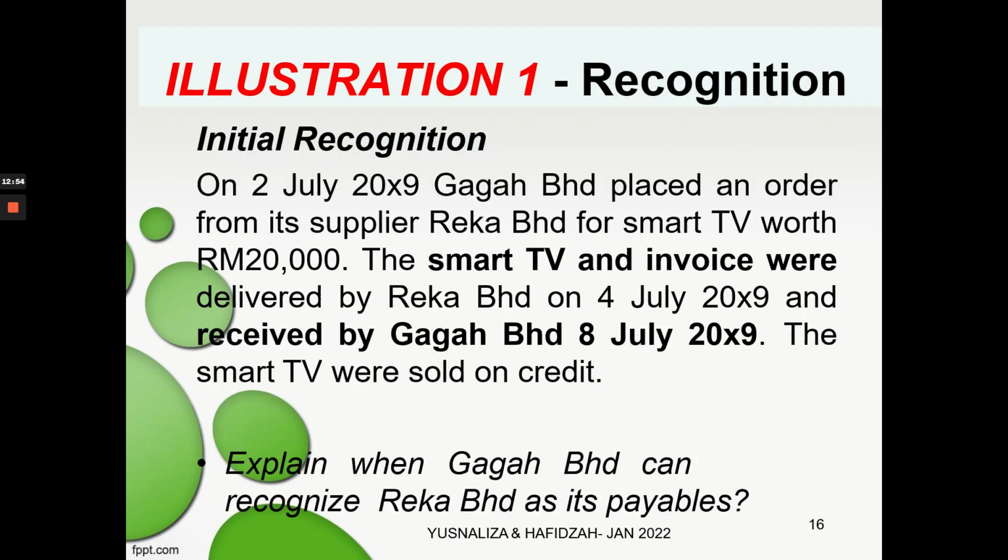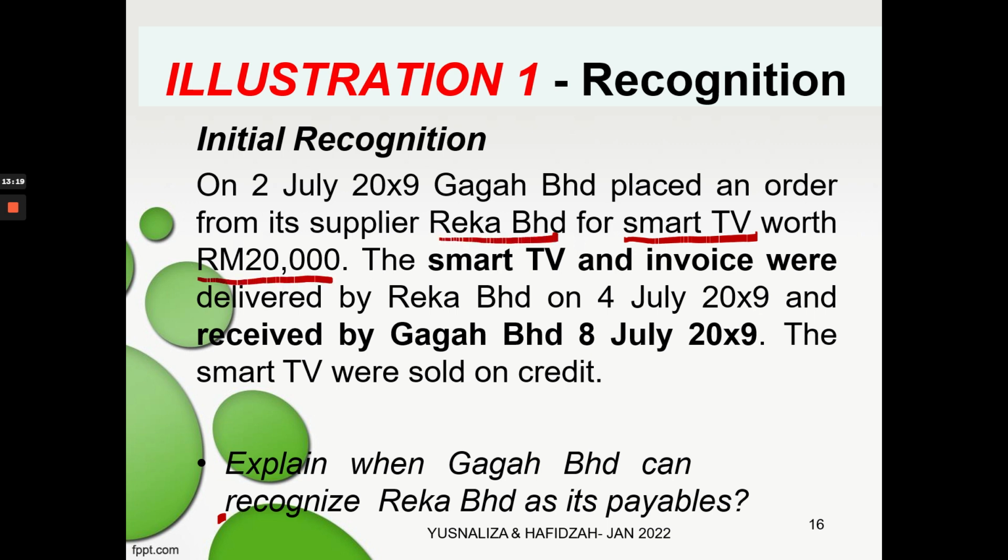Okay, let's look at the first illustration. On 2nd of July 2009, Gagah Bhd placed an order with its supplier Derecognition Bhd for a smart TV for 20,000.